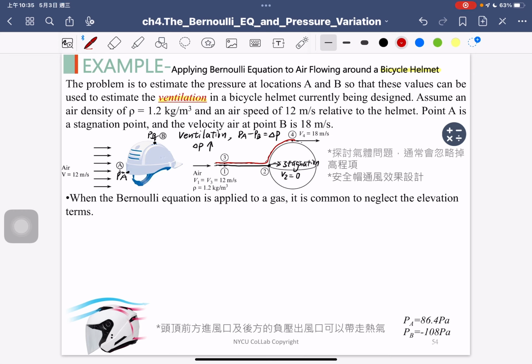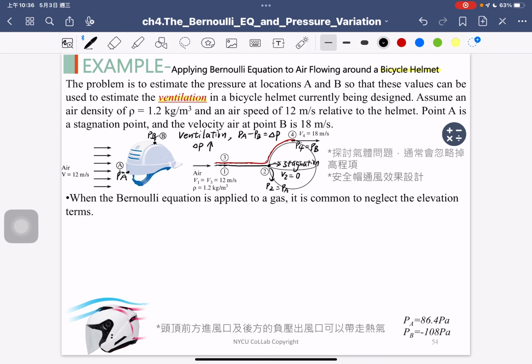So what pressure difference do we want? We should compute the pressure P2, because P2 is like the PA shown on the left hand side. And we should compute P4, because P4 is equal to the PB shown on the left hand side.